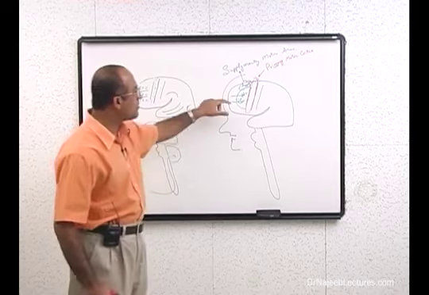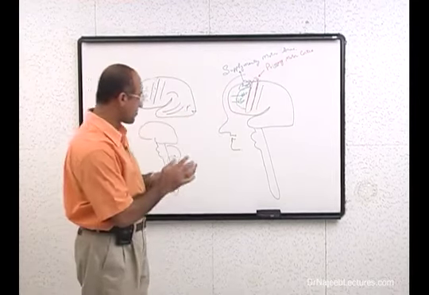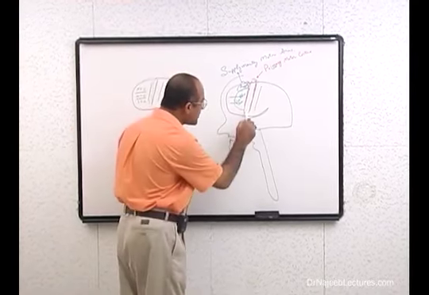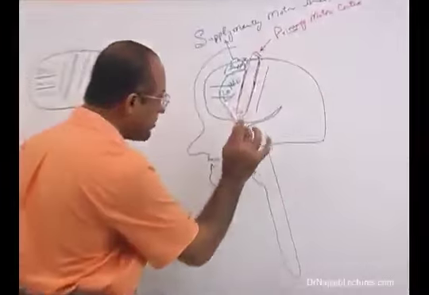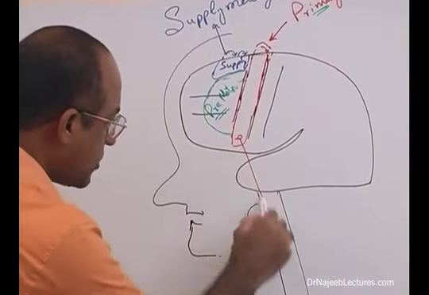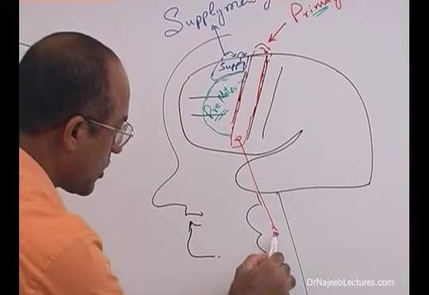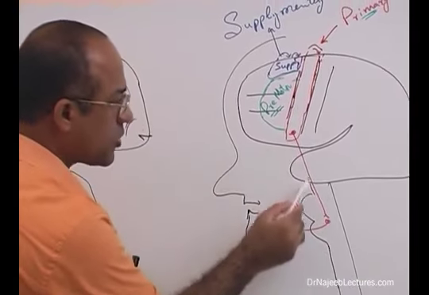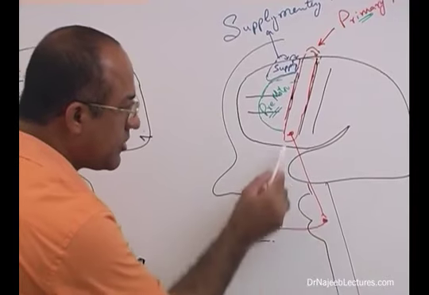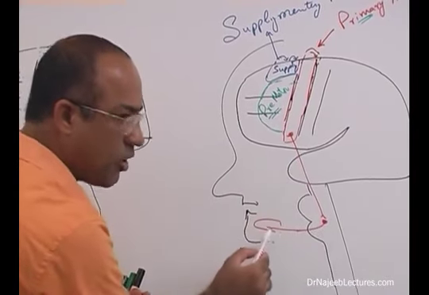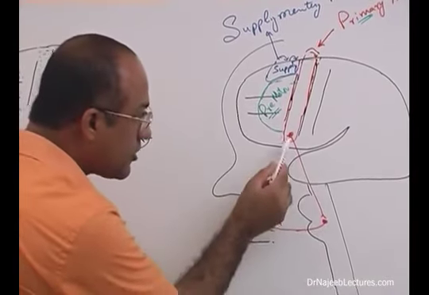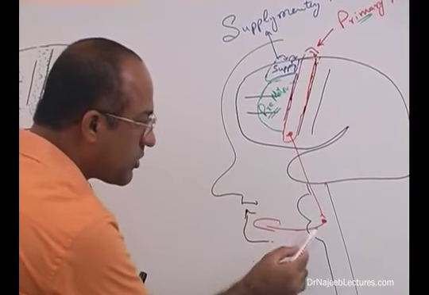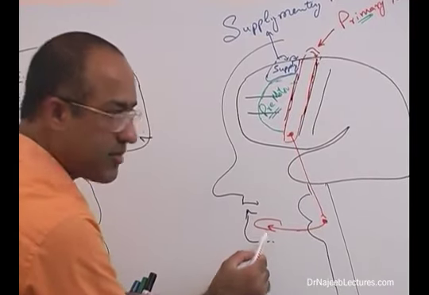But actually, whatever motor plan is programmed, their neurons are in the primary area. Let's suppose, I'm just giving an example. This neuron is stimulating the neurons which move the tongue. This descending neuron is stimulating, this is upper motor neuron and this is lower motor neuron. This neuron is stimulating a lower motor neuron which is going to move the tongue.